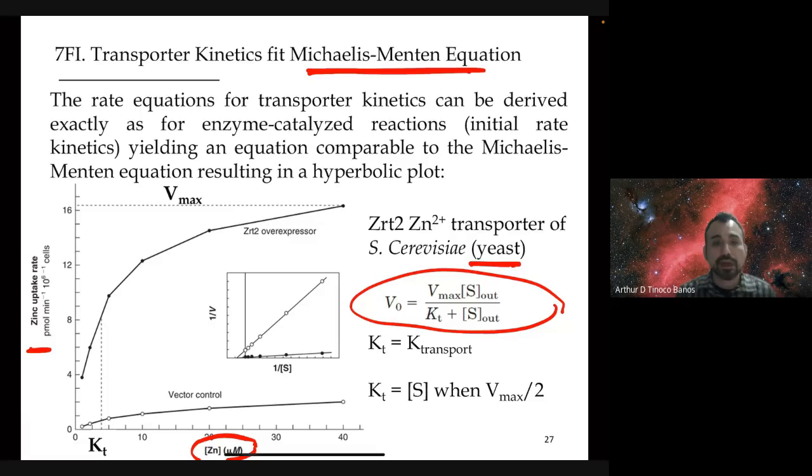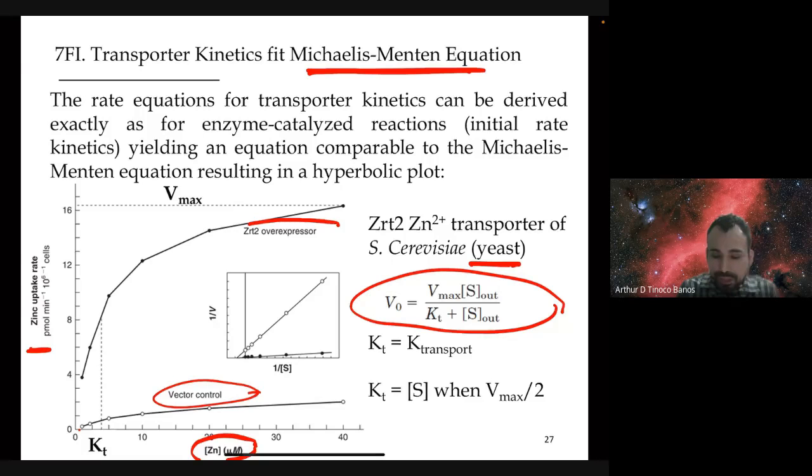The profile that we get shows how much the transporter is increasing that rate. This is being done with a vector, so you have a vector control that does not have the transporter. In terms of the zinc uptake dependence on the concentration, there's really not much of an increase, right? You see the saturation curve, but you don't have a really dramatic increase in the rate.